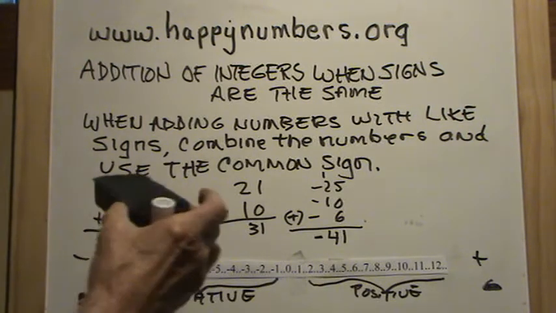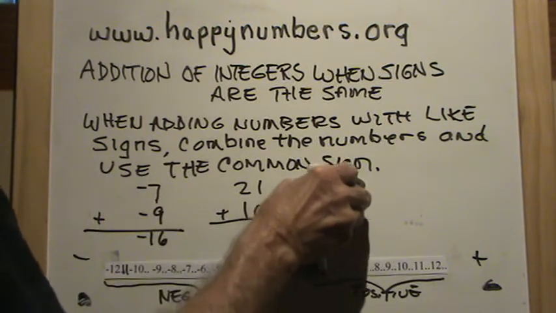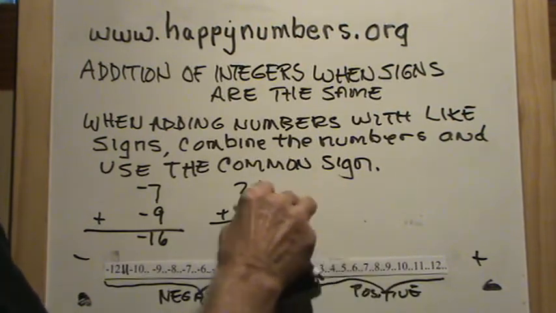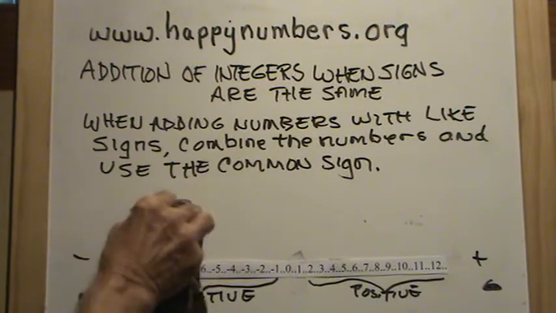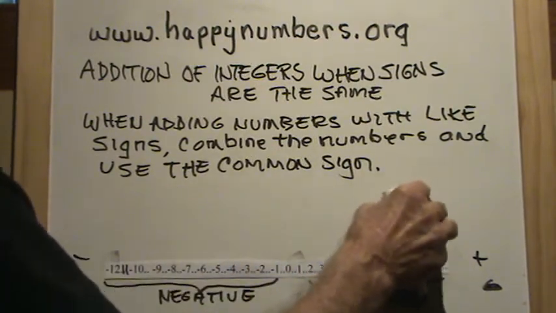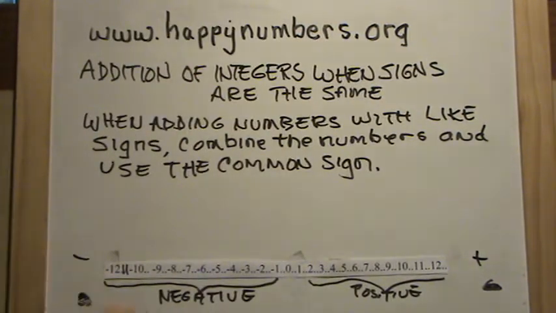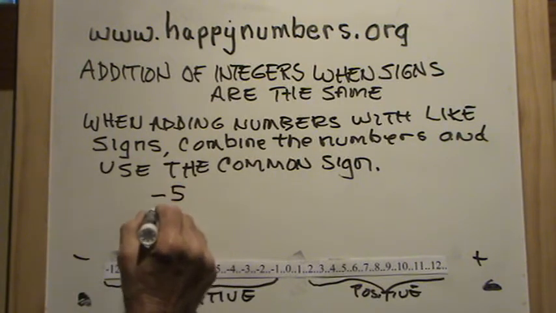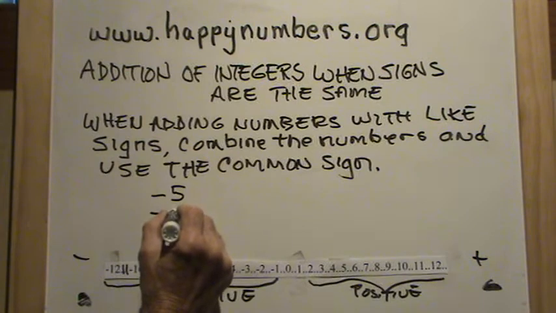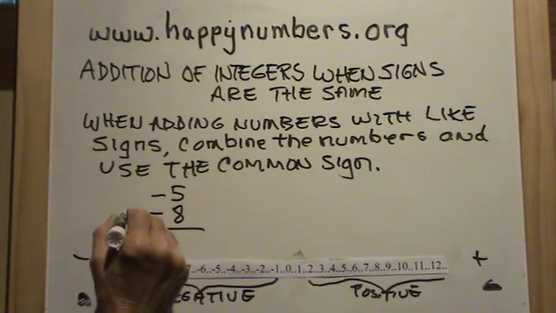Let's try one or two more. Remember, if the signs are the same, it doesn't matter if they're positive and positive or negative and negative, they're the same, you just combine the numbers. Well, let's try this. We're adding those.